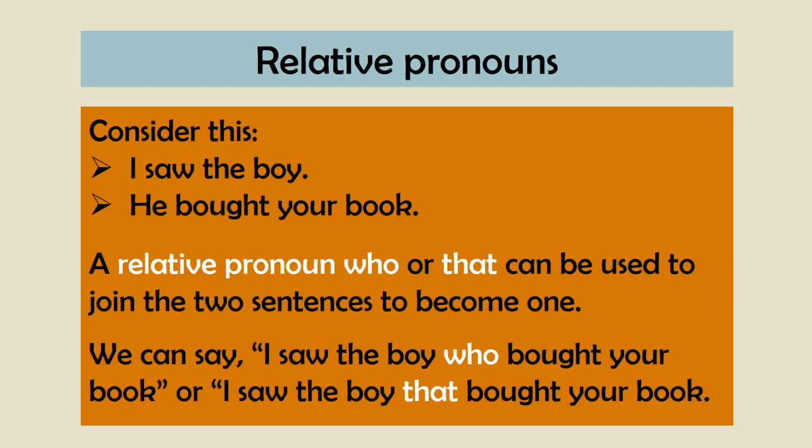Consider this. I saw the boy. He bought your book. A relative pronoun, who or that, can be used to join two sentences to become one. Now we can say, I saw the boy who bought your book, or I saw the boy that bought your book.